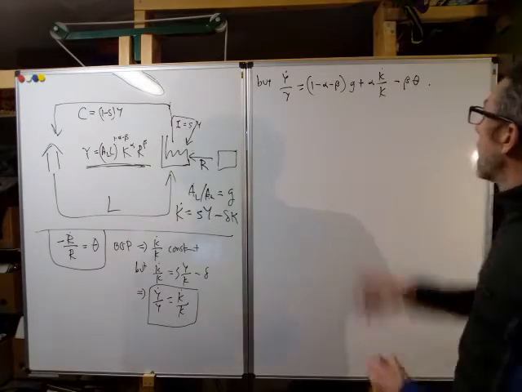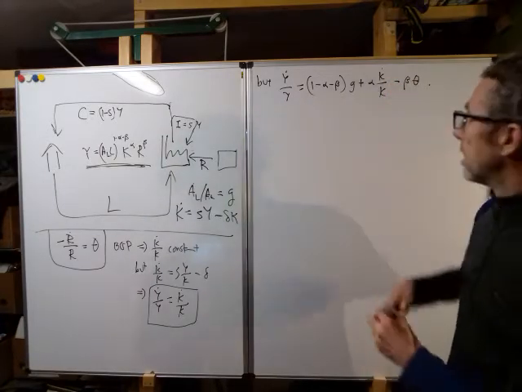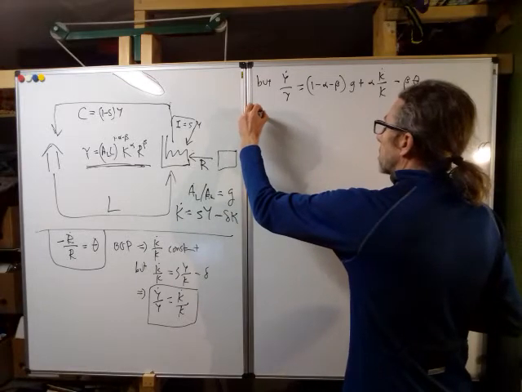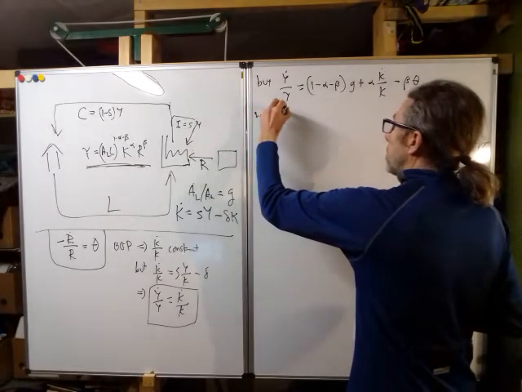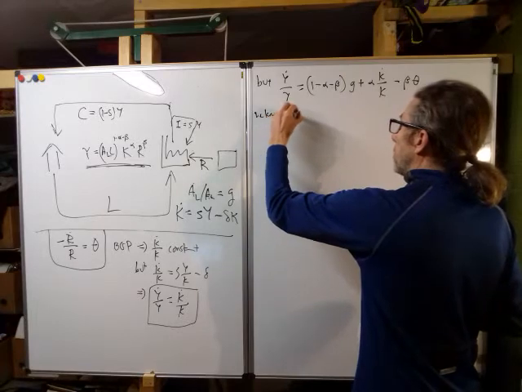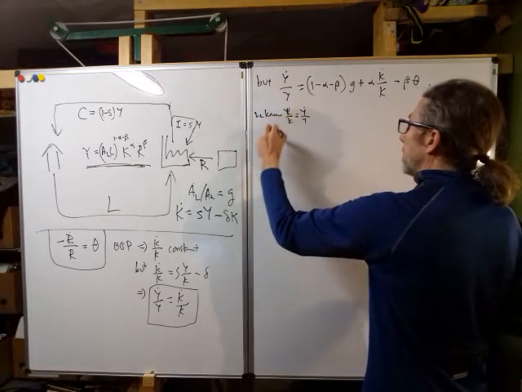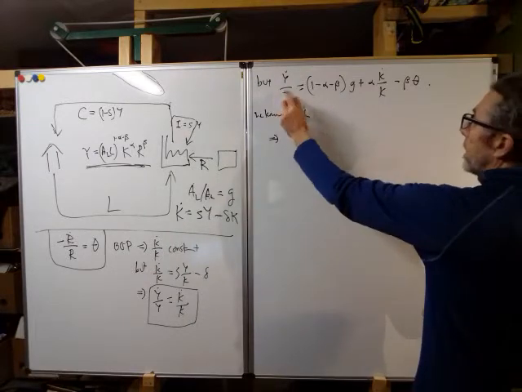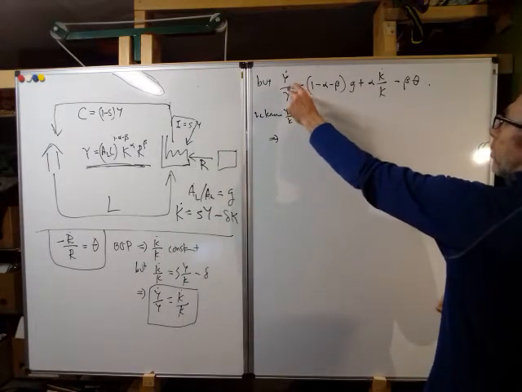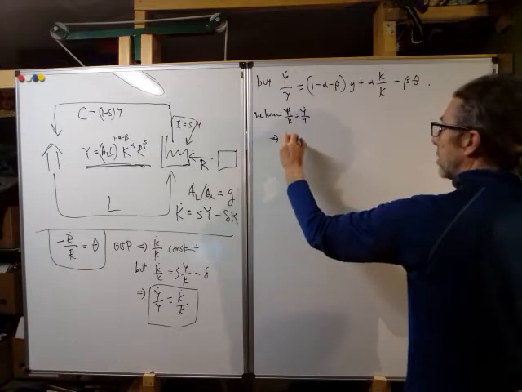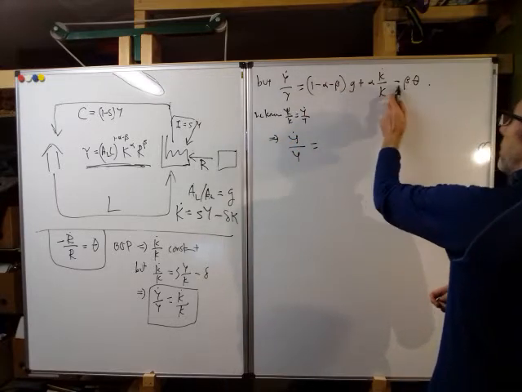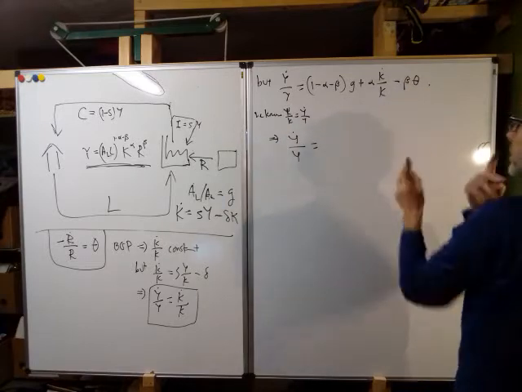Okie doke. And now we know K dot over K equals Y dot over Y, so 1 minus alpha, Y dot over Y equals this, Y dot over Y is this over 1 minus alpha.